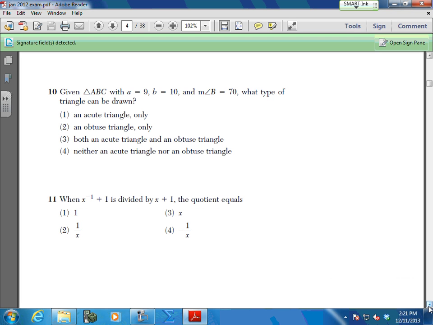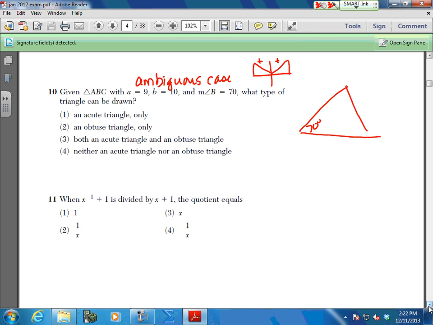Number 10 is another example of our ambiguous case of sine. Sine is the only one that has the ambiguous case because in quadrants 1 and 2, sine is positive. Now, when you set up your triangle, here's your angle B, here's your side B, and here's 9.